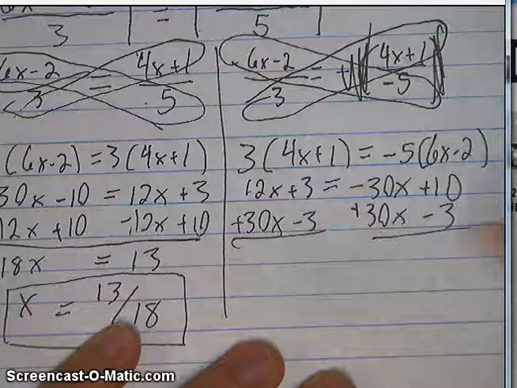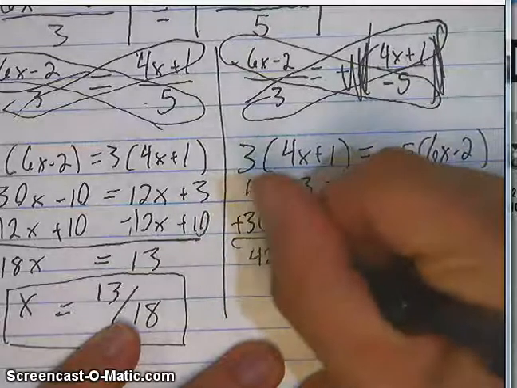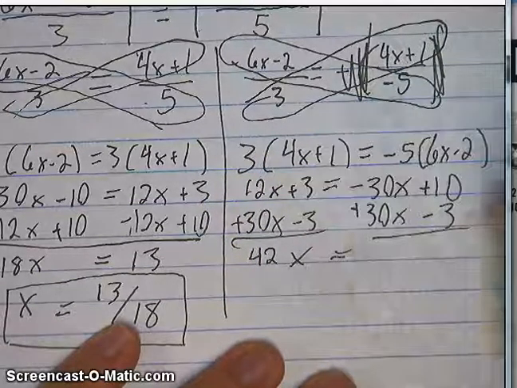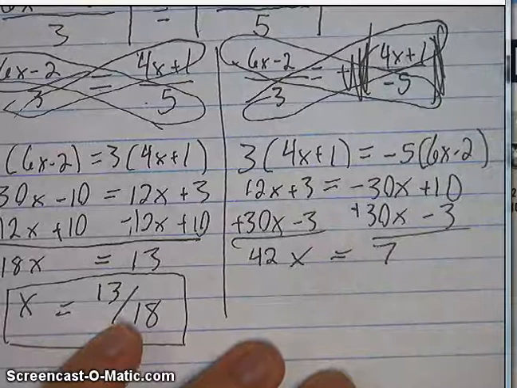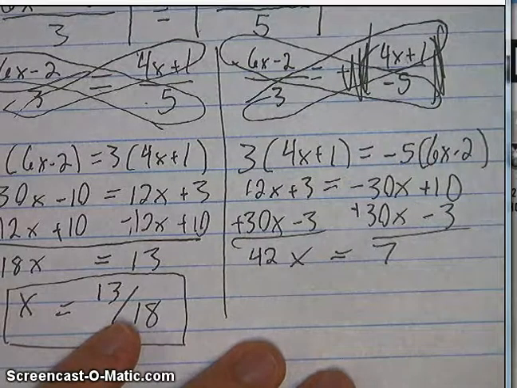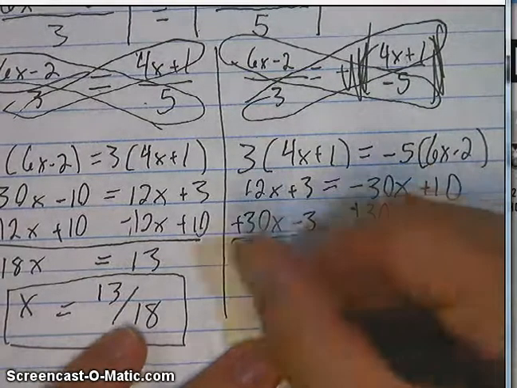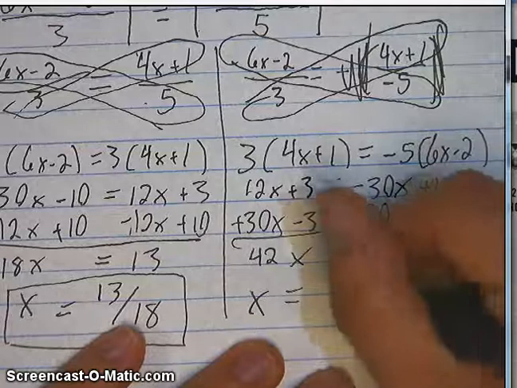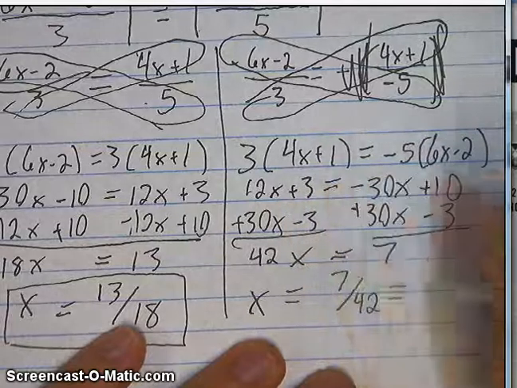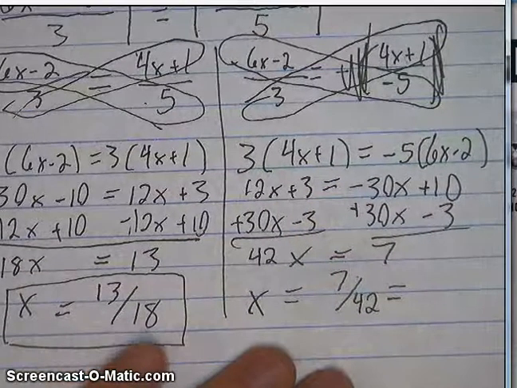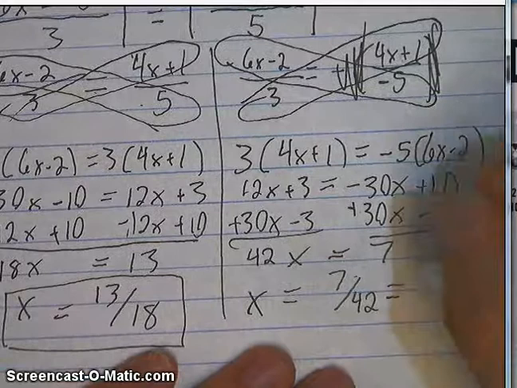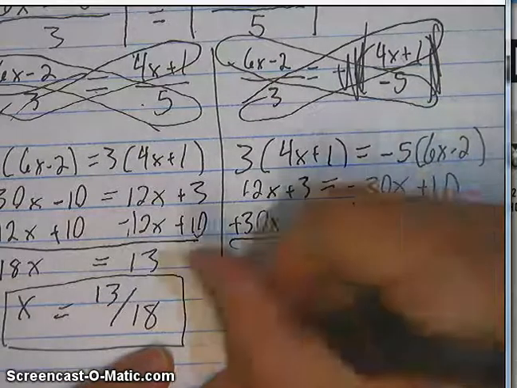And that's going to give me 30 plus 12 is 42x equals 7. Alright, so divide by 42 on both sides to get x equals 7 over 42. Or if you are a fraction connoisseur, you know that reduces to 1 over 6.